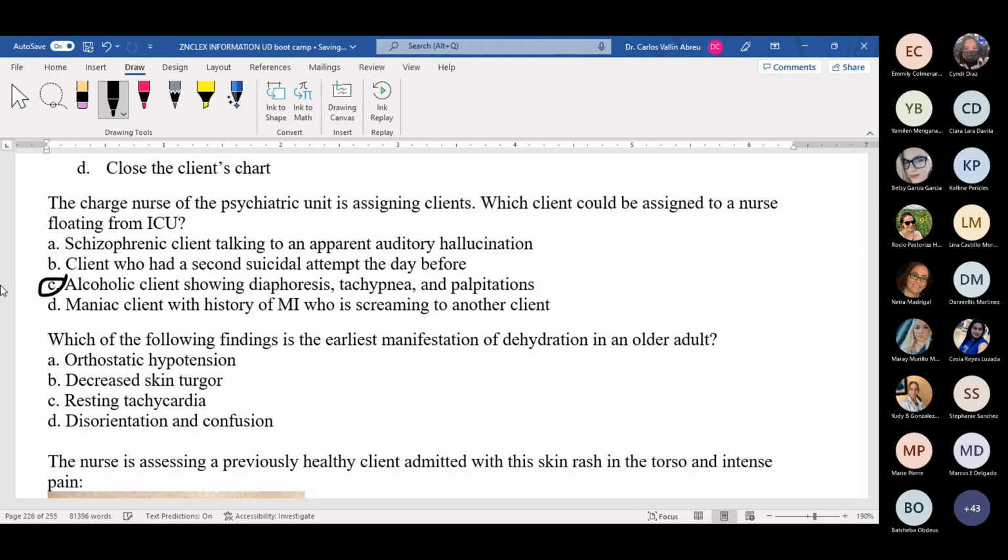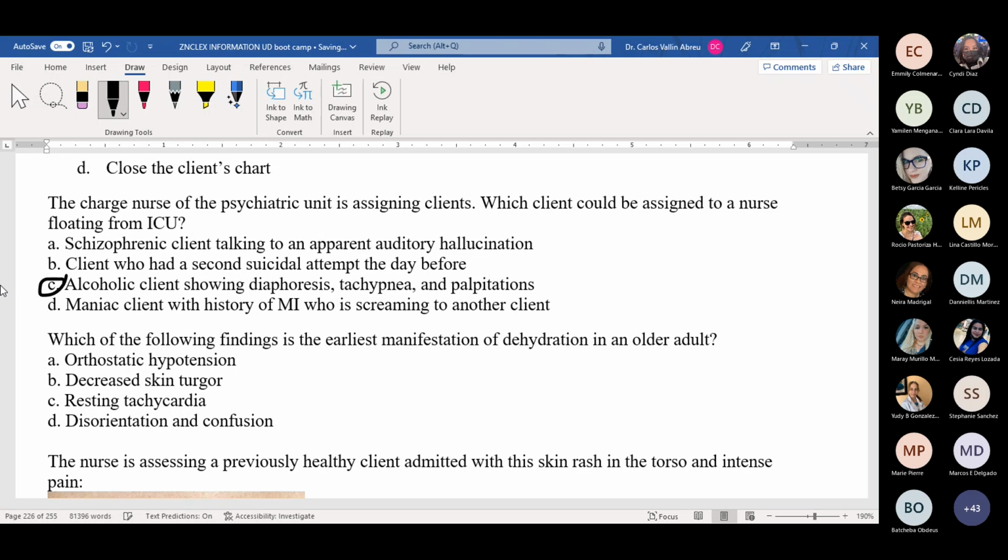Those patients must be treated in an ICU, as you mentioned before, and should be treated with benzodiazepines in high doses to inhibit the evolution to delirium tremens and seizures. Don't forget to give thiamine, vitamin B1, because these clients have thiamine deficiency that could also help in the development of neurological manifestations, specifically Wernicke-Korsakoff encephalopathy.